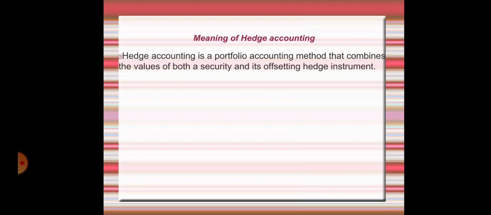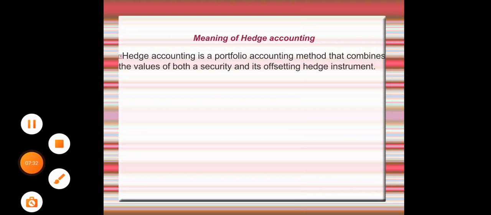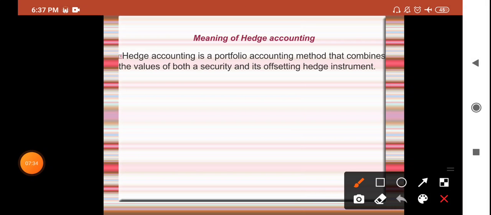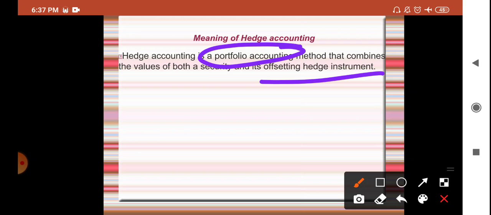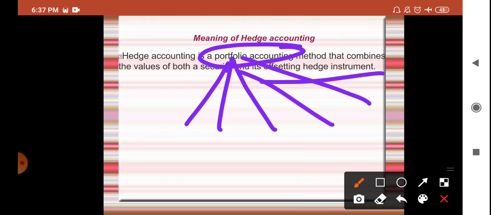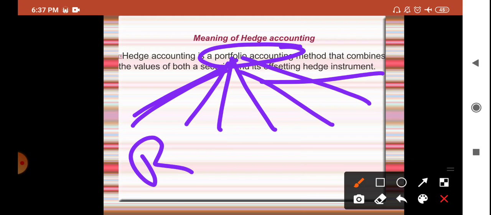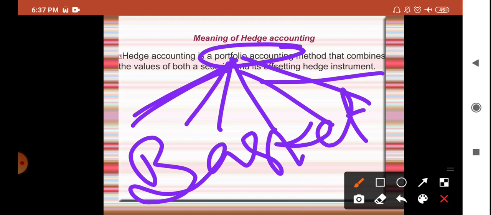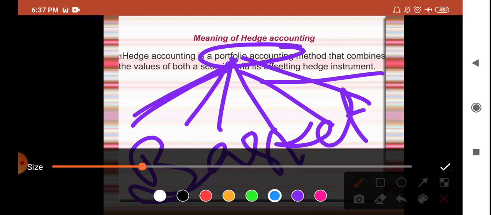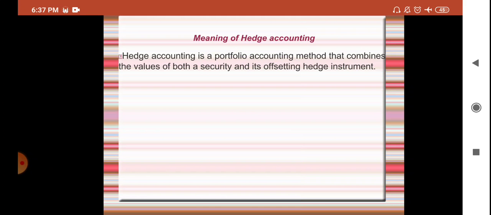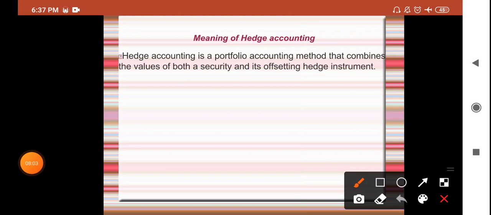There is also a definition of hedge accounting. Let's have a look. Hedge accounting is a portfolio accounting method that combines the value of both a security and an offsetting hedging instrument. Here portfolio means more than two investments, a basket of investments. Hedging can be used for any kind of investment that combines the value of the security.